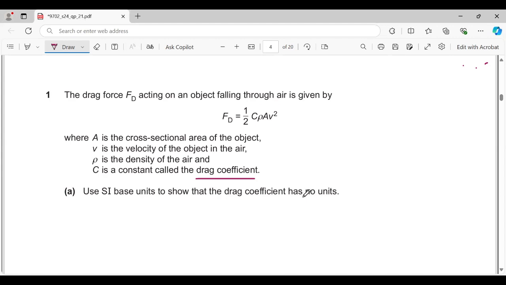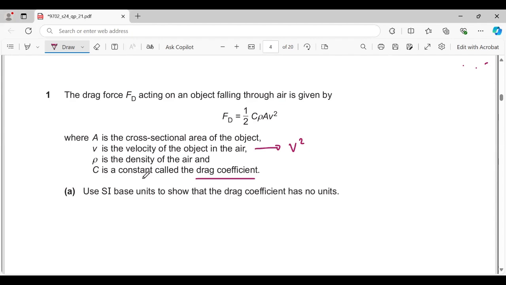So we are going to prove that C is without units. Based on this formula, F_D equals half C times rho times A times v squared, because v is velocity, so velocity squared.